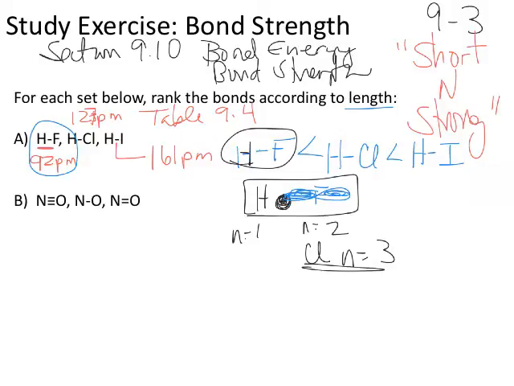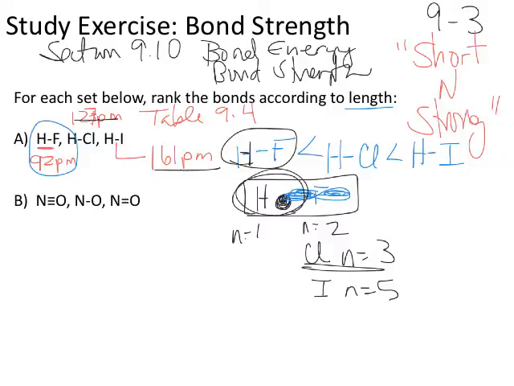And chlorine has a bigger orbital that's different in size from hydrogen, so you're going to have less overlap. And that's what makes the bond longer. And same thing with the iodide. Iodine is in n equals 5. So you have even less overlap with this hydrogen here. And it shows in the 161.